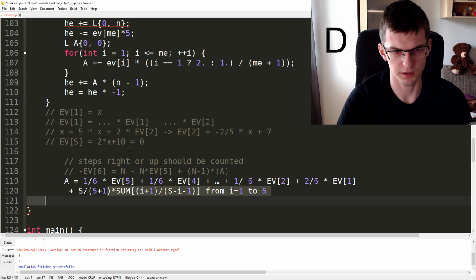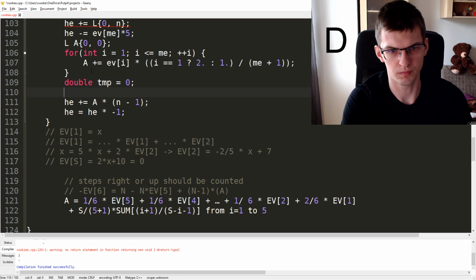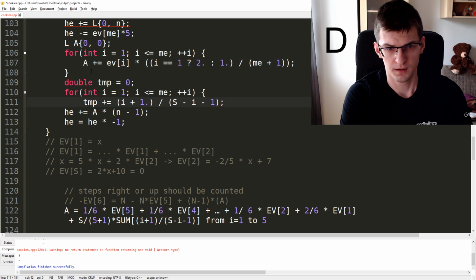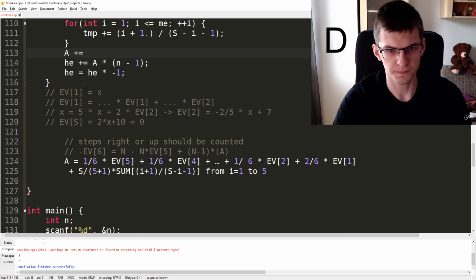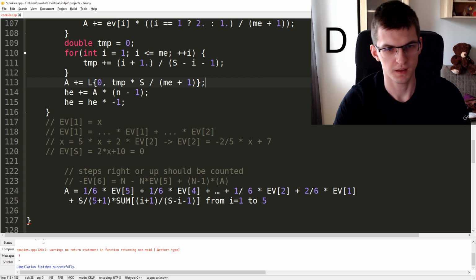And additionally we have this kind of free term. That A plus equal times this constant. And now that's it.